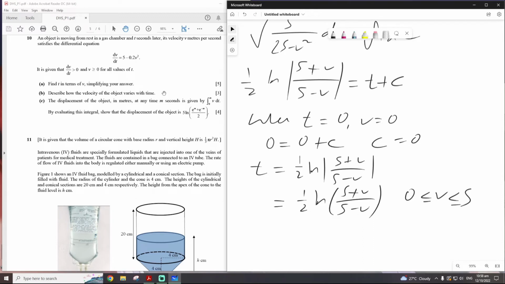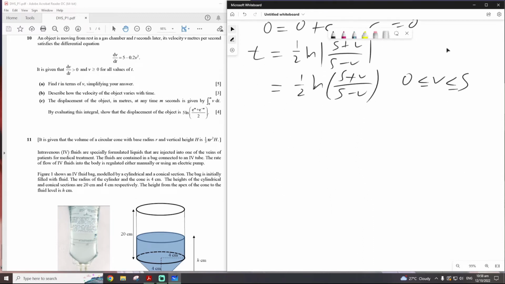Describe how the velocity of the object varies with time. Okay, I think there are two requirements with this part. You need to describe what happens when v is less than 5 and when v is close to 5. When v is less than 5, as t increases, v increases, because you have t in terms of v, right?